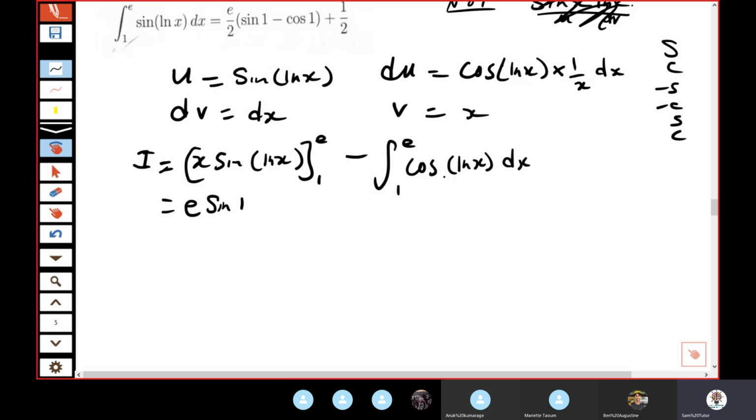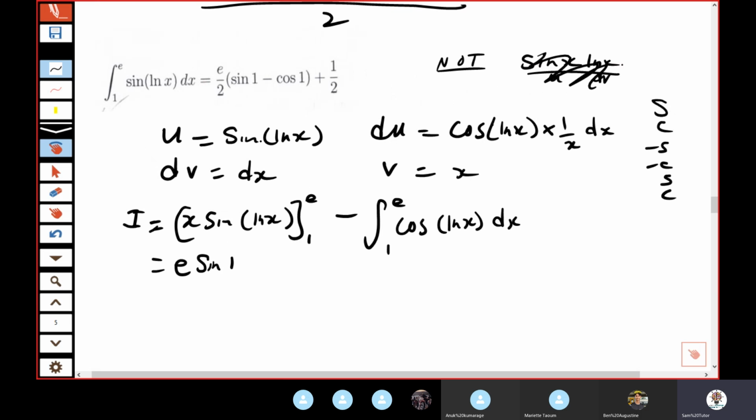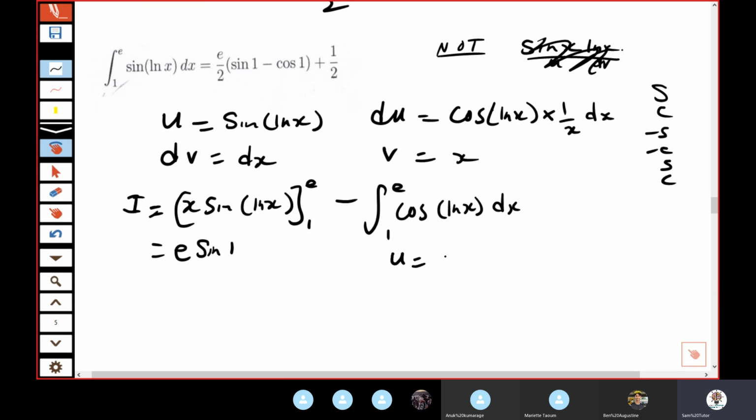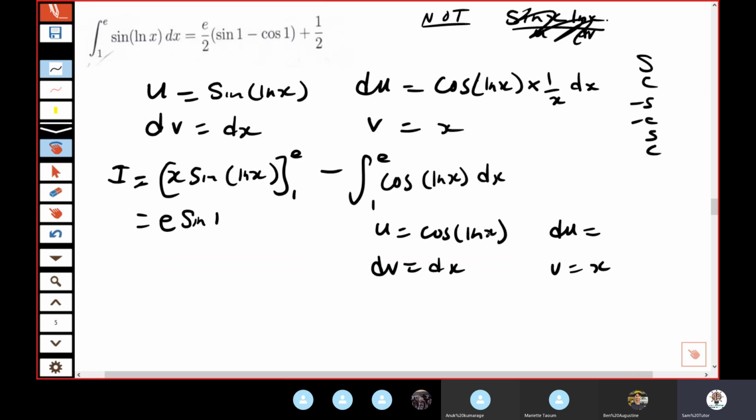Now this, cos(ln x), well, that's a bit annoying, right? This hasn't made it any easier. You've got to do it again. So here we go. u equals cos(ln x), dv equals dx, v equals x. What's the derivative of cos(ln x)?